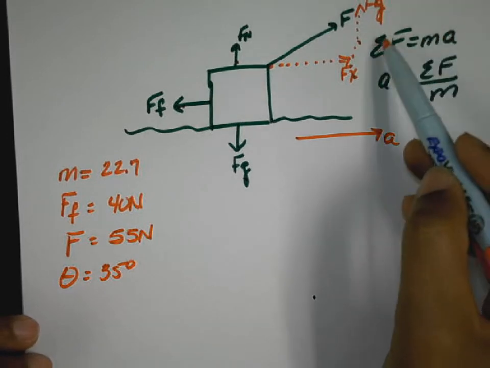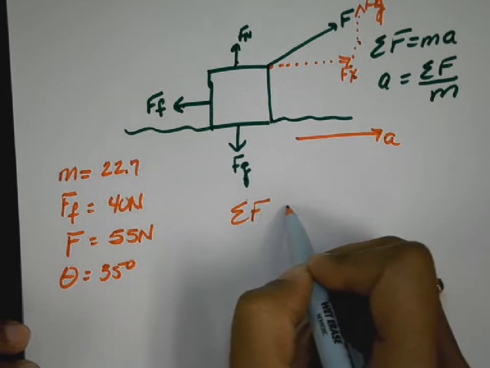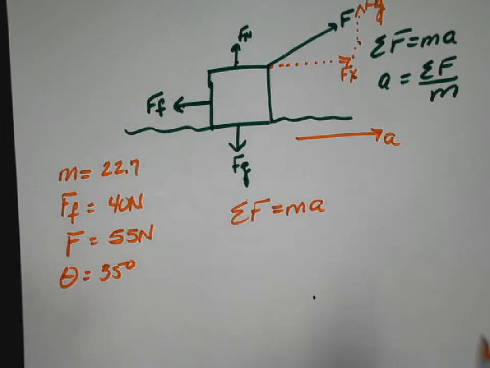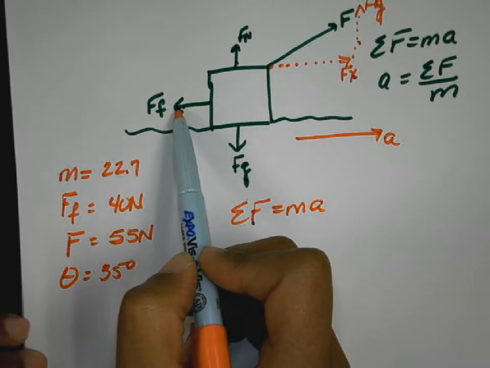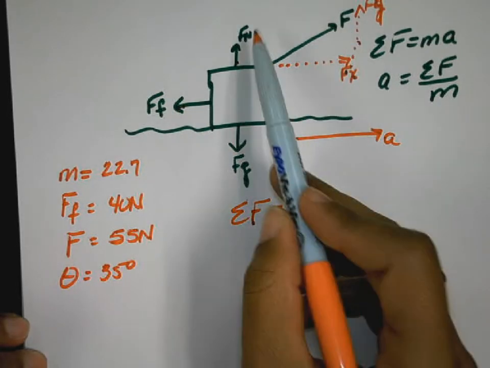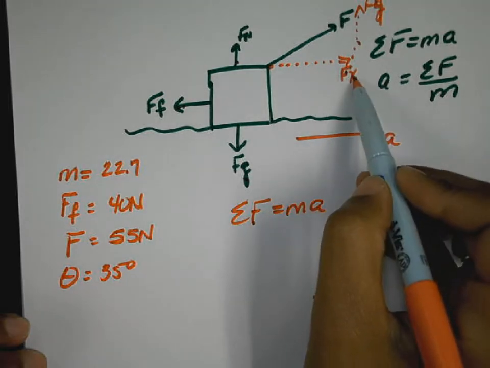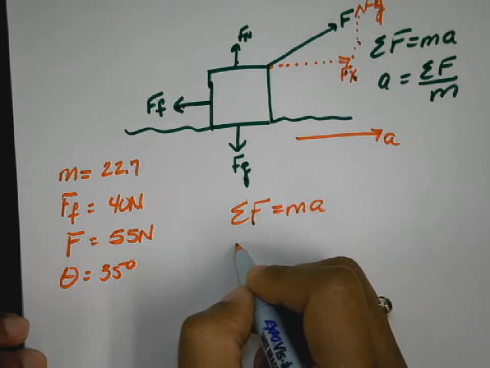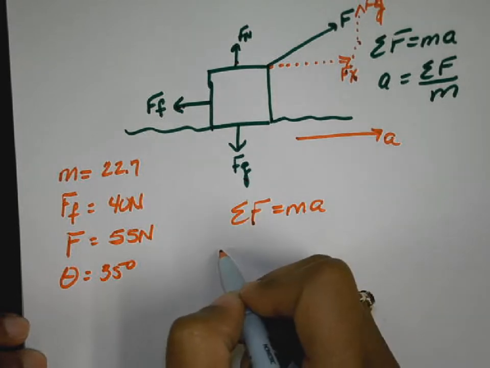So I'm going to bring this equation down here. The sum of the forces equals ma. If you look at the diagram, the only forces I'm concerned with are this one and that one. Because like I said, all the rest equal out to be 0. Can I get the force on the x? Sure. Force on the x is F cosine theta.